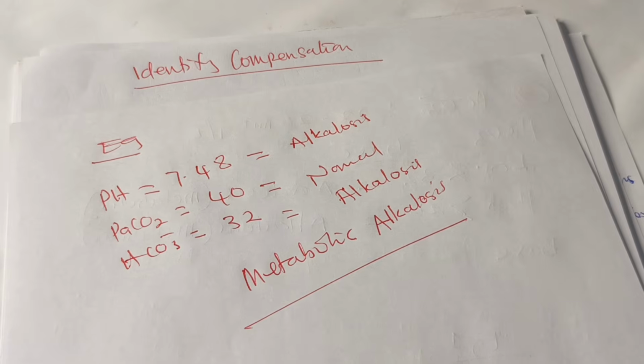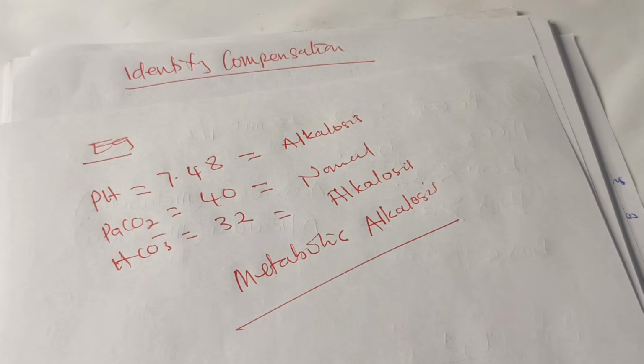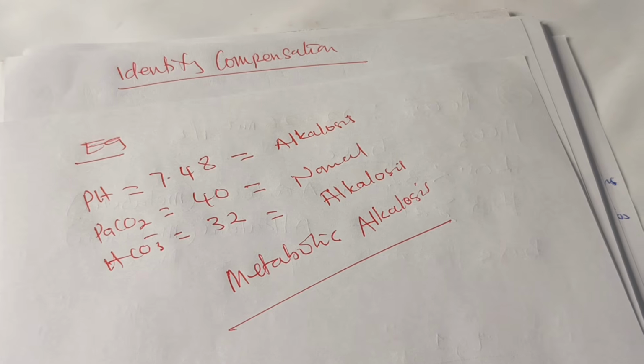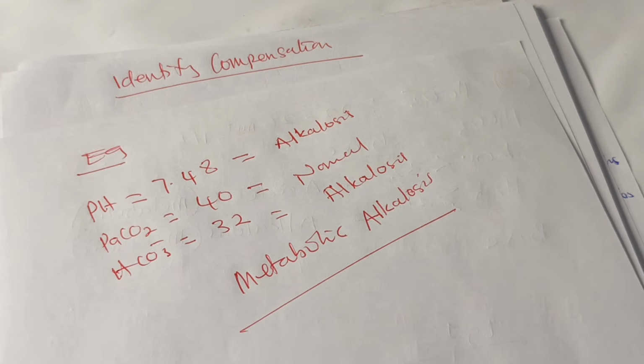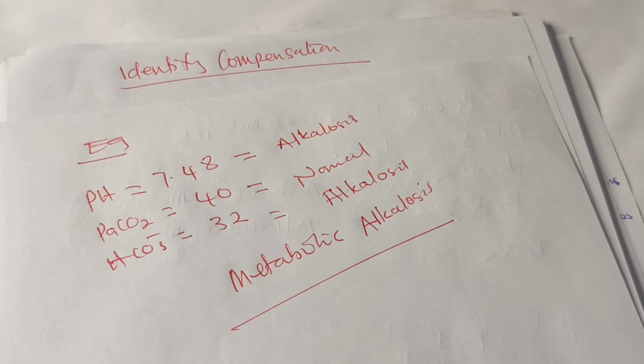That is what? Uncompensated. So this one, if we want to critically say this, it should have been uncompensated metabolic alkalosis. So in uncompensation, the pH is abnormal and the other system has not yet corrected it.